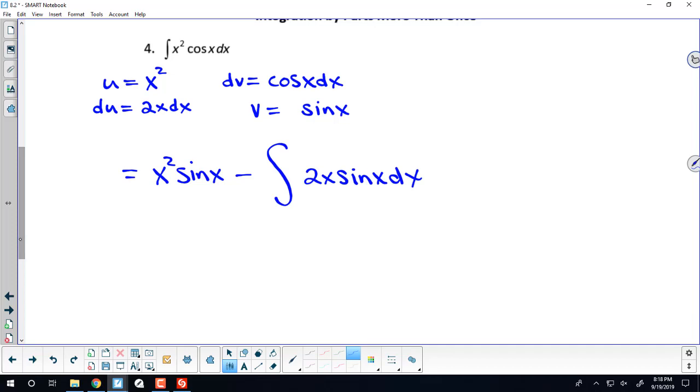So in order to evaluate that second integral that emerges, we do integration by parts on that again. I personally think it's bad form to use u again because we've already used u to equal x squared. So, just for the sake of not confusing people, here u would be, again, our algebraic function, and dv our sine x dx.